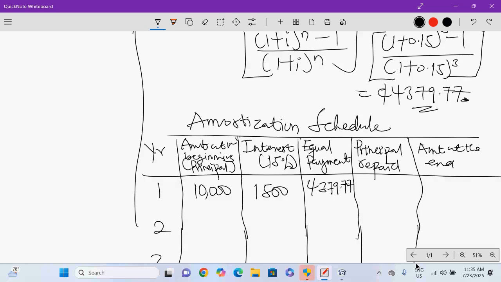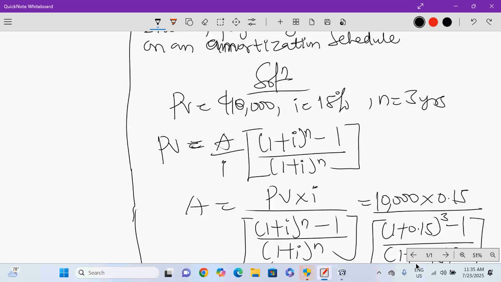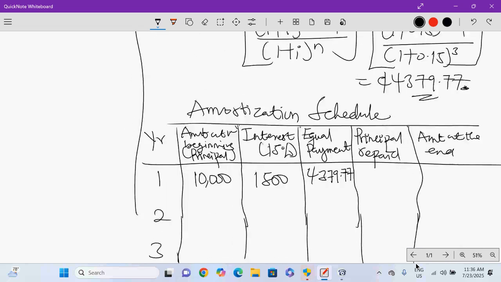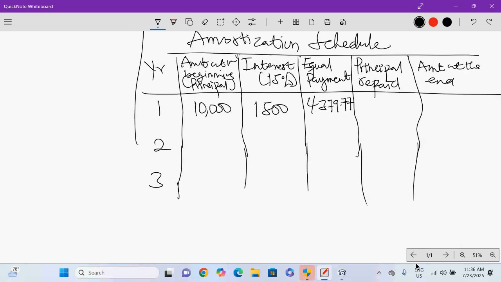If we make this payment, it's going to reduce the loan amount. So this is the amount that she's paying. Can you put it in brackets just to show that it is reducing the loan amount? Then what is the principal repaid?